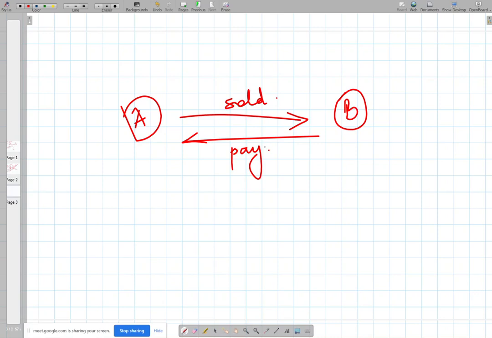Instead, what does he do? He gives a bill, a bill of exchange to A and makes a promise. He says, if today is let's say 13th of February, I will pay you on 13th of April. Give me 2 months time. So he gives a bill. He makes a promise and says, I will pay later.